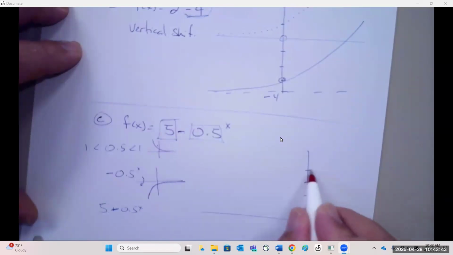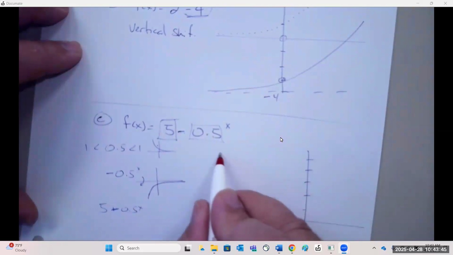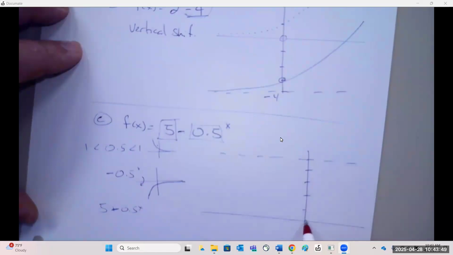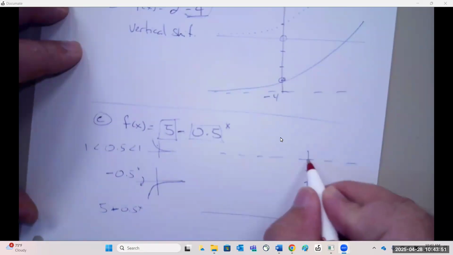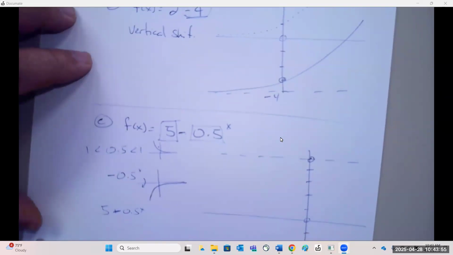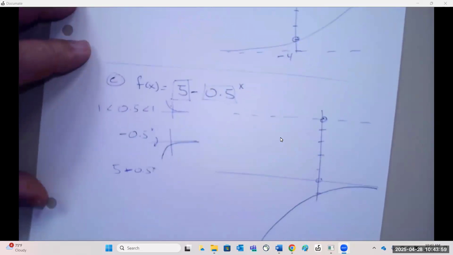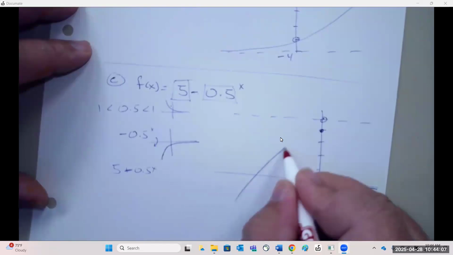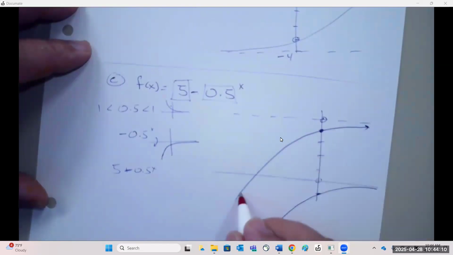So my origin shifted from here to here. So 1 below the origin is my intercept. So there's my intercept. That's what the graph looks like.